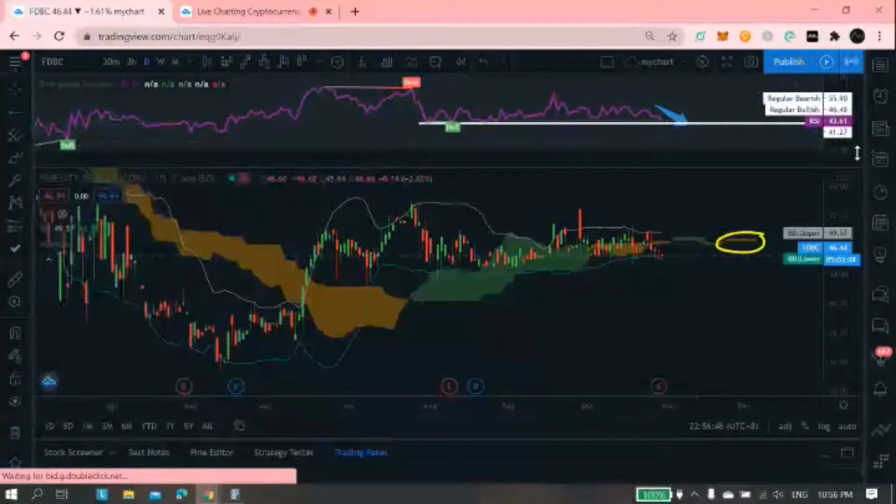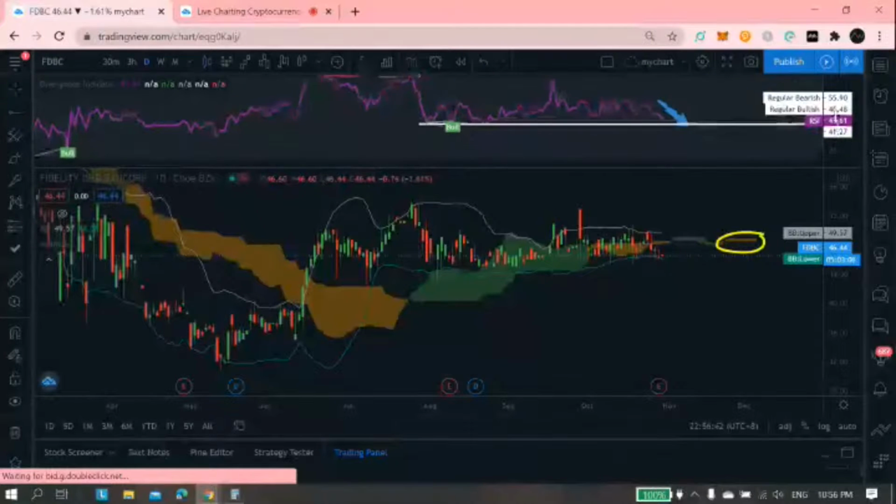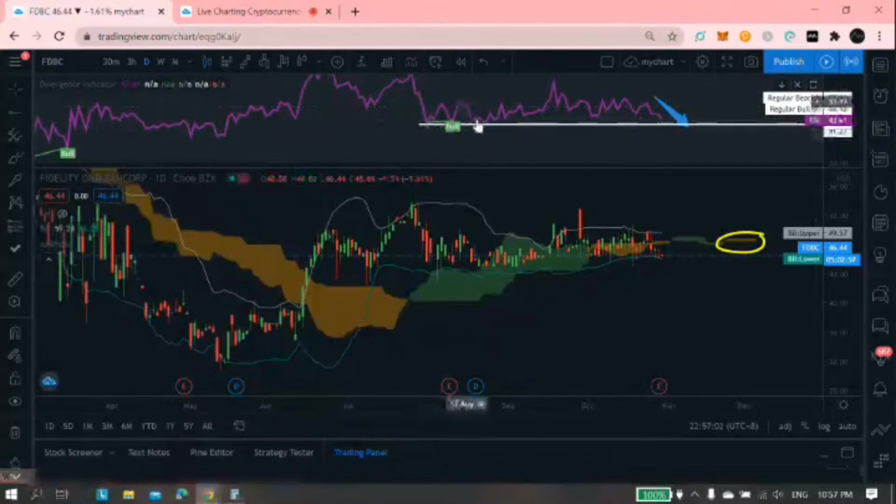So possibly this area around the 41 area, because currently the divergence indicator or RSI is at 43.61. But this one, yes, seems like a strong support area. But currently, if you use the Ichimoku cloud, seems like a possible bearish.